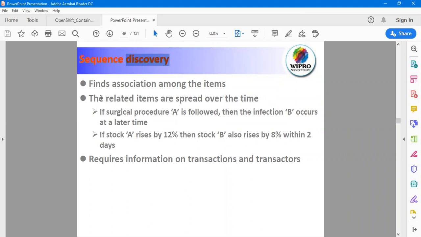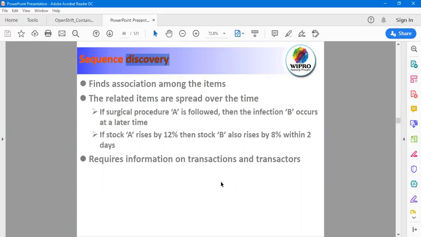Okay, so the related items are spread over time. It may not happen that the trend is always the same. As I told you, at times the trend of attire also keeps changing. So people in the clothing industry have to redesign their manufacturing unit according to the trend.